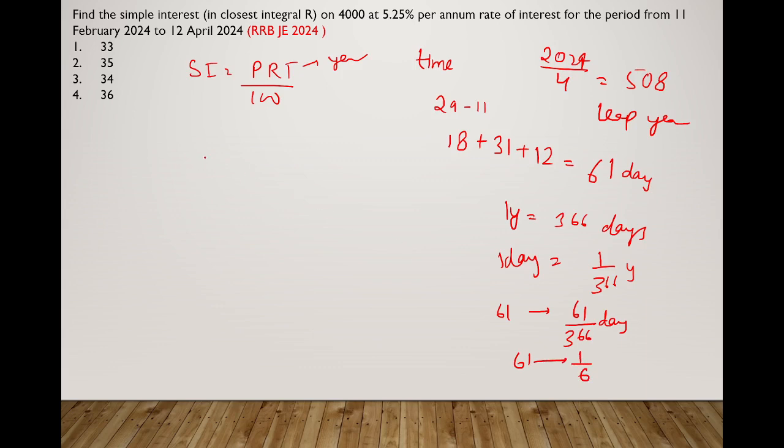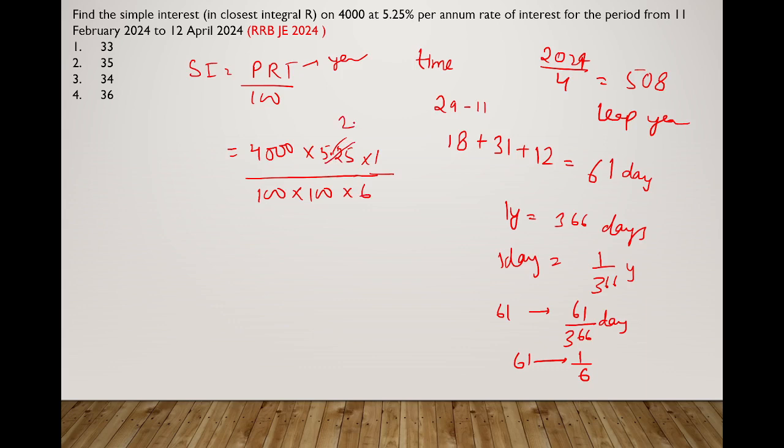So let's put it here and find out the value of the simple interest. How much principal? 4000. And the rate of interest is 5.25 divided by 100. And if I remove this decimal, then it becomes 100. And how much time? 1 by 6.